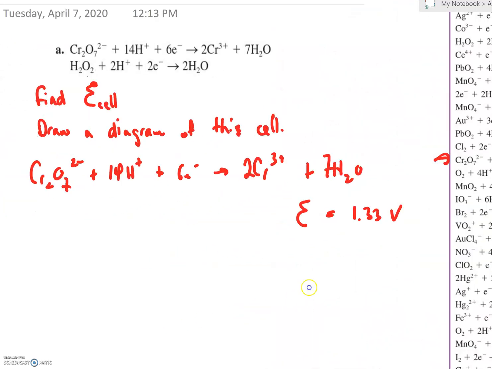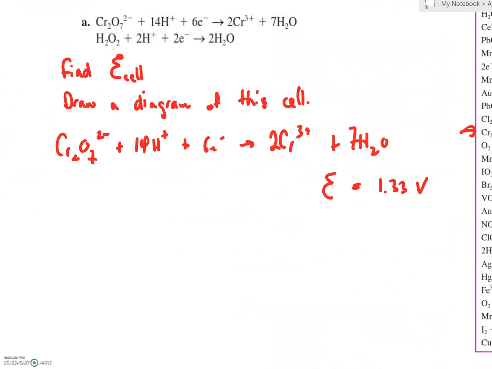1.33 volts. Here's another reaction, and this is H2O2 plus 2H plus 2 electrons yields 2H2O. And let's get the cell potential of this half reaction.